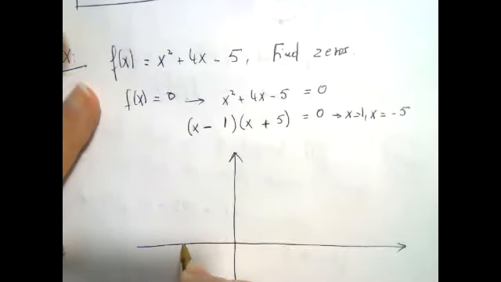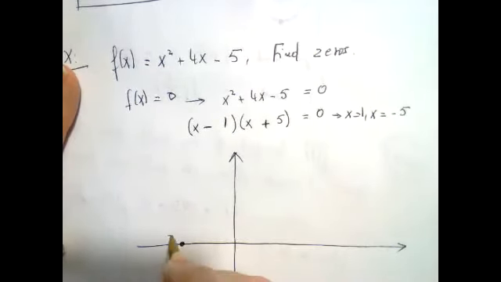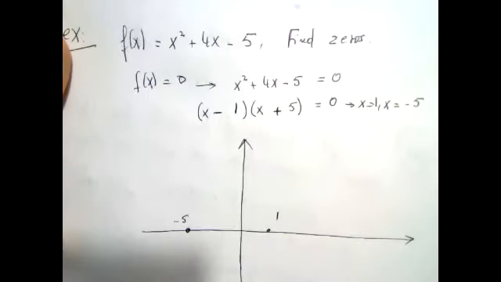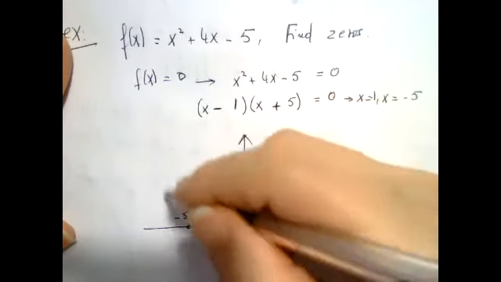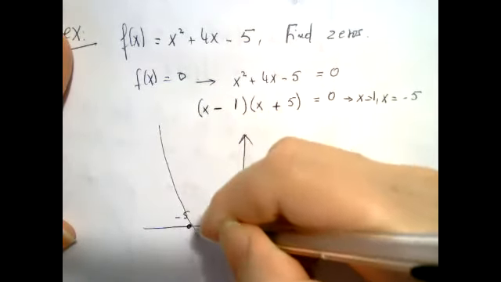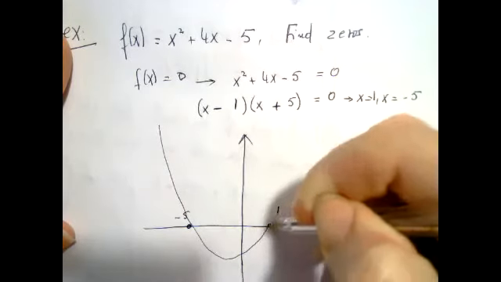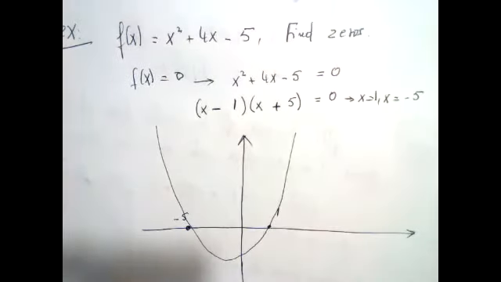So this is minus 5 and this is 1, so the zeros are here. This gives us a very good idea how to graph it. The graph is going to look something like that. It's not the perfect graph, but it gives us an idea how to sketch the graph of this function. And what's the value here?